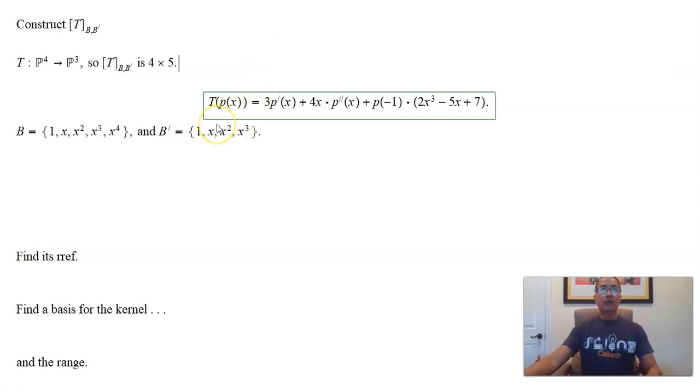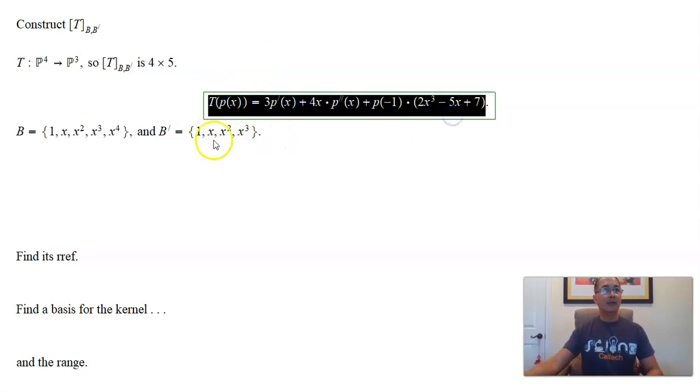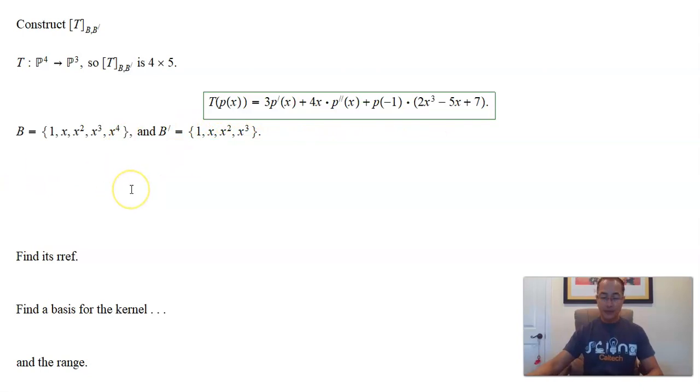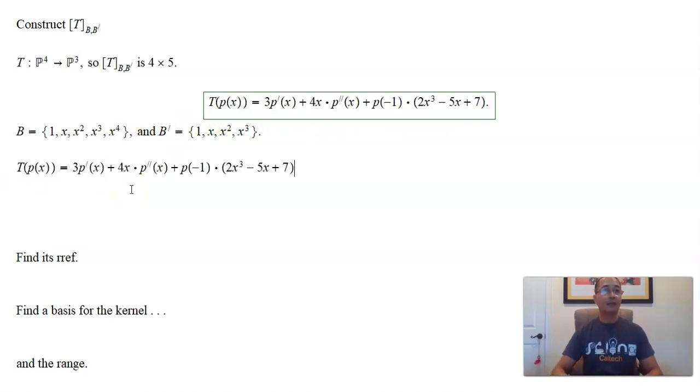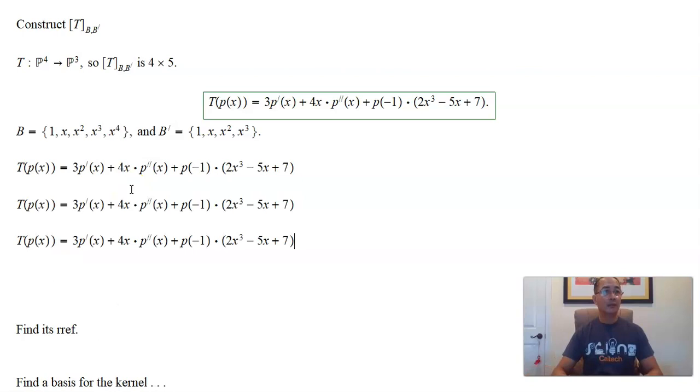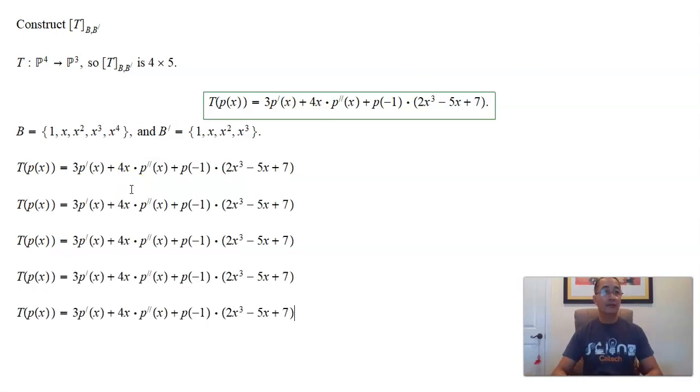Okay, so I hope you remember the recipe. We are going to plug in these 5 basis vectors, one at a time, into this formula. Okay, so let me make 5 copies. 1, 2, 3, 4, 5.